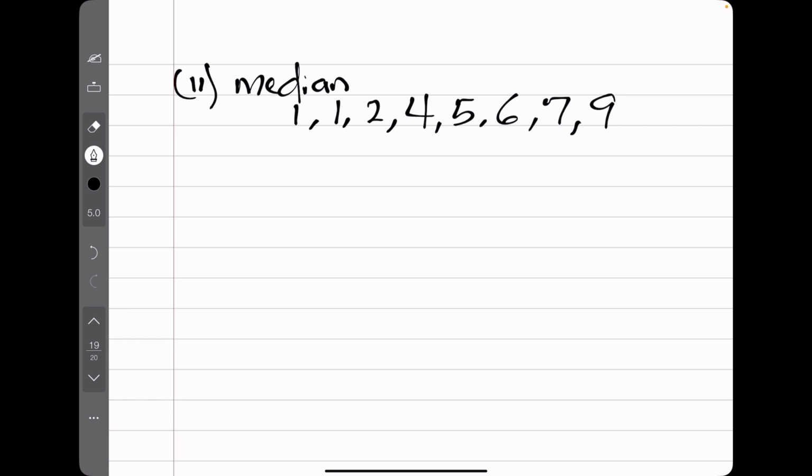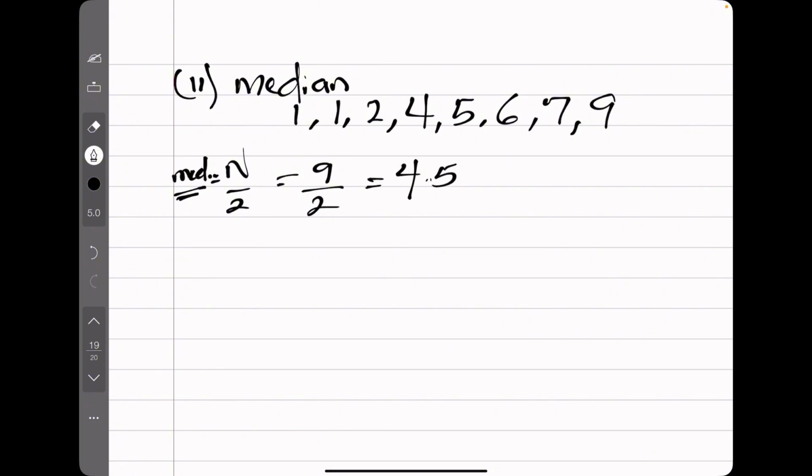For the median, the number of data is n, and the median position is n divided by 2, which is equal to 9 over 2, which is equal to 4.5.